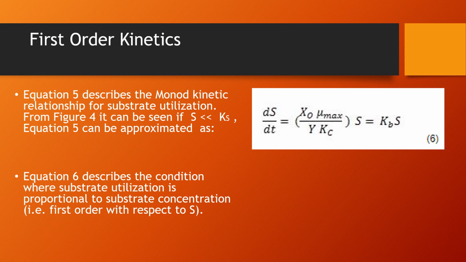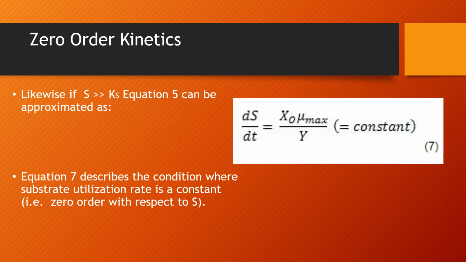This describes the condition where substrate utilization is proportional to the substrate concentration. So ds by dt is directly proportional to the substrate concentration, which is S. And this entire thing in the bracket can be written as Kb, which is a constant. So this is first order kinetics.